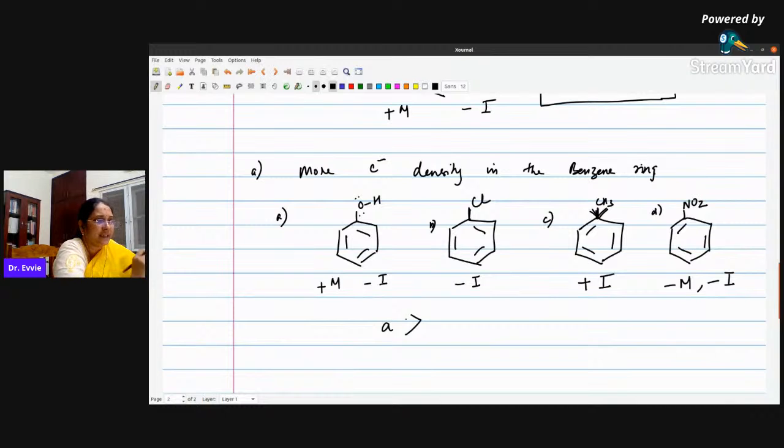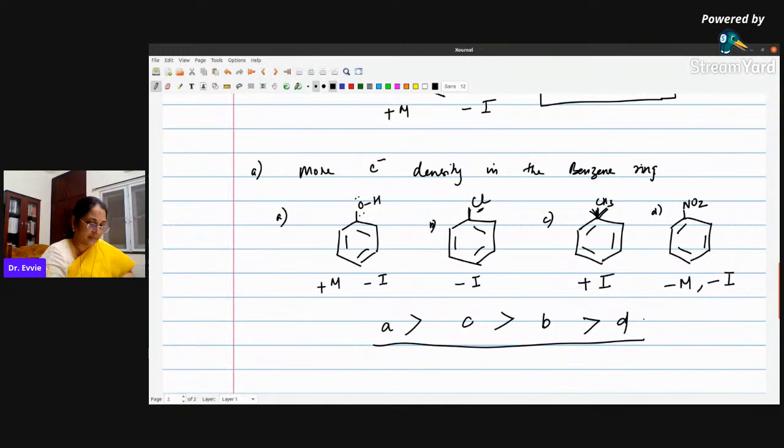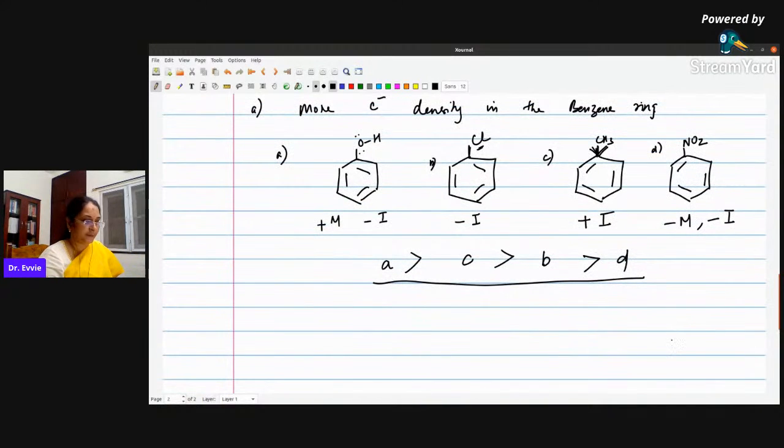Now among B, C, and D, we know after plus M it is plus I, so it will be C. Then it is just an exception, but it doesn't have so much of minus I effect, right? So this is the order of the electron density. Okay, with respect to the previous concept, I've given you some examples. I hope the mesomeric effect is clear for you.